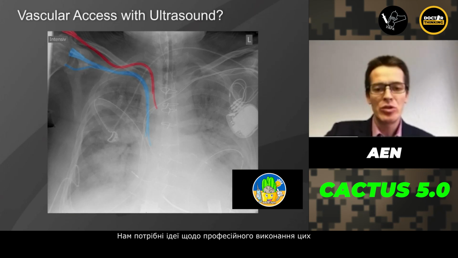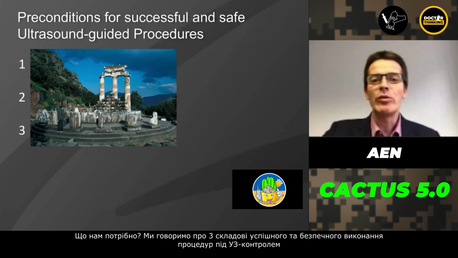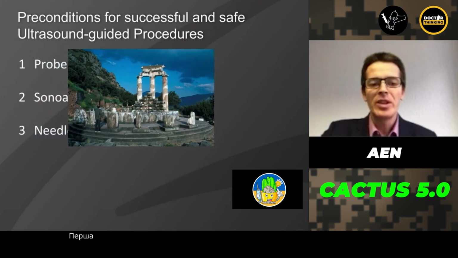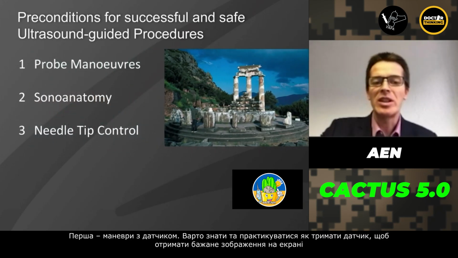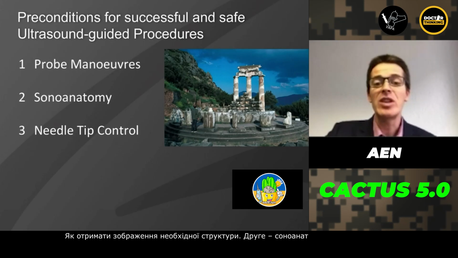So we need to have some ideas how to really master this method professionally. So what do we need? We normally talk about 3 pillars as preconditions for safe and successful ultrasound-guided procedures. The first one is basically probe maneuver. We need to know and to practice how to handle the probe, how to get what we want on the ultrasound screen, so how to get the target structure.